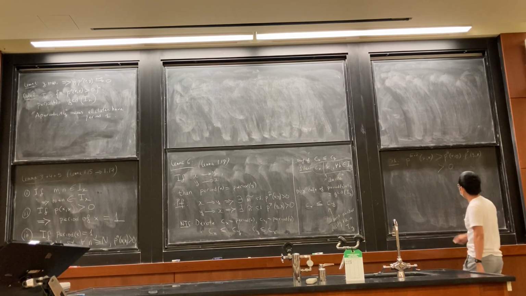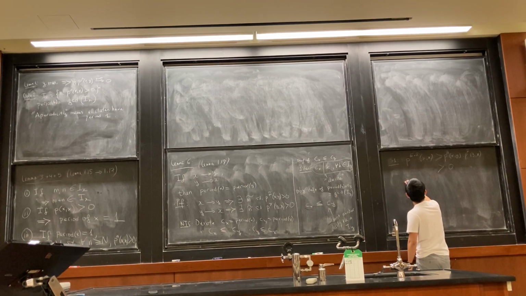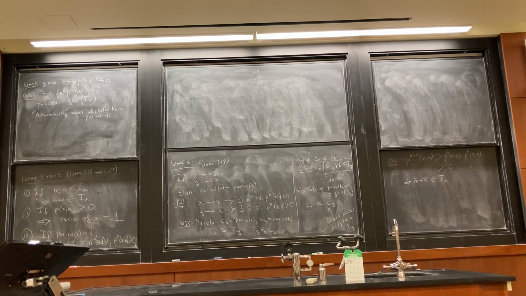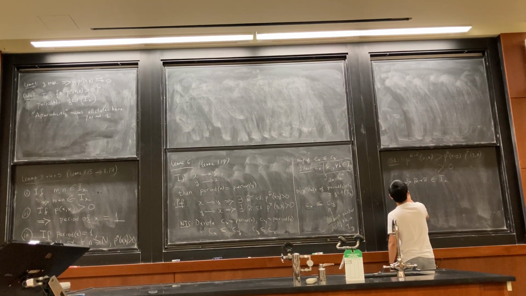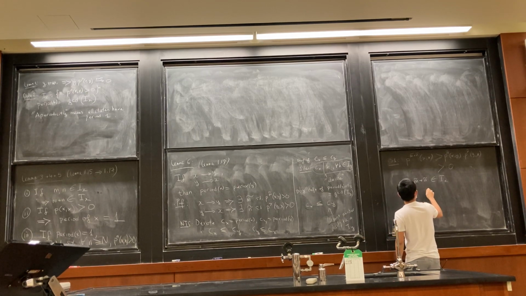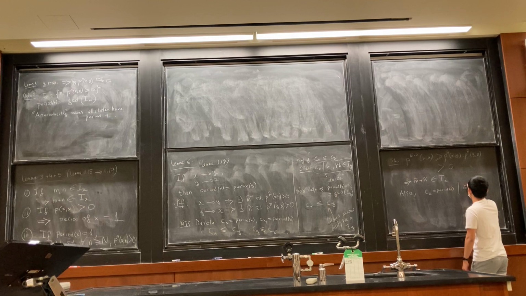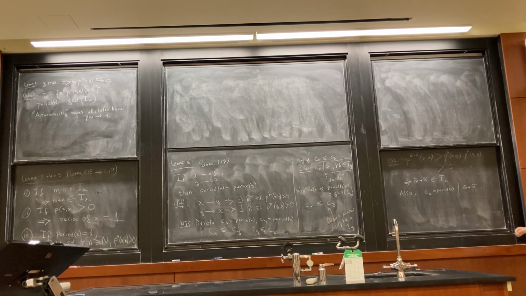In particular, that does imply p of n plus n twiddle from x to x is positive. As a by-product, that also implies Cx, the period of x, divides n plus n twiddle. So that is step number one.